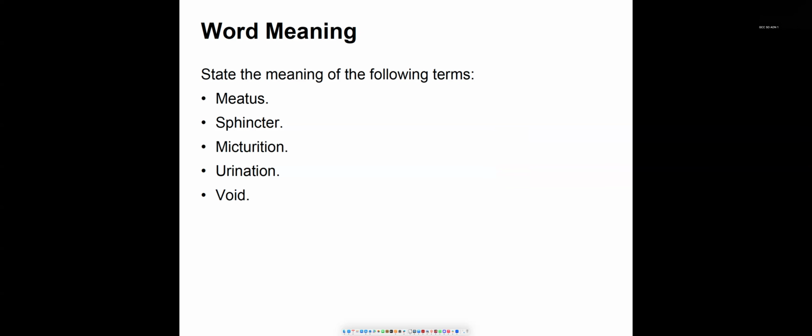Example, internal and external sphincters of the bladder controlling the release of urine during micturition. Micturition, urination, void. These terms all mean the same thing, and it is primarily defined as to expel urine from the body via the urethra. So this process is essential for removing waste and maintaining fluid balance in the body.